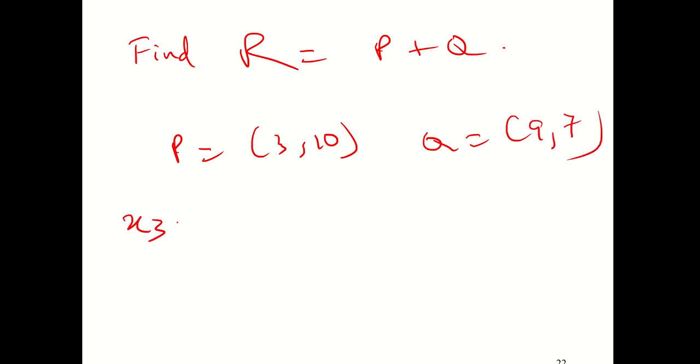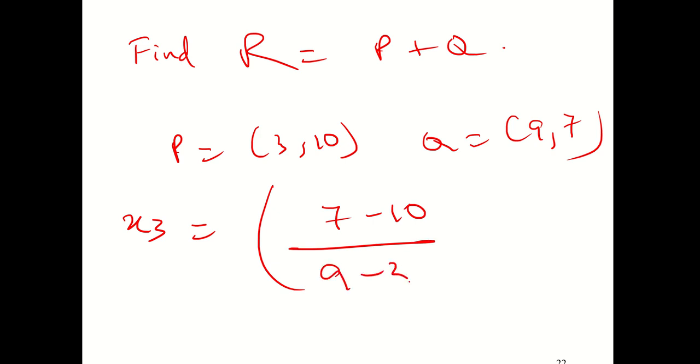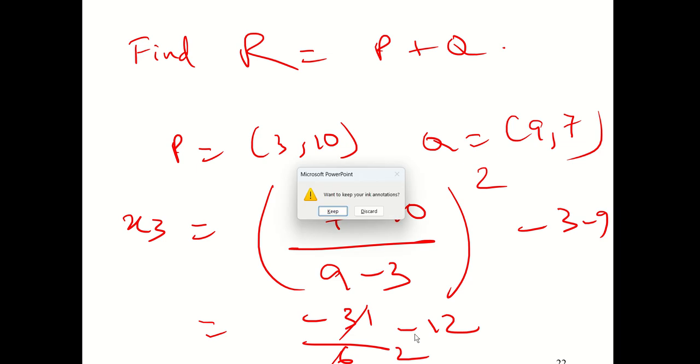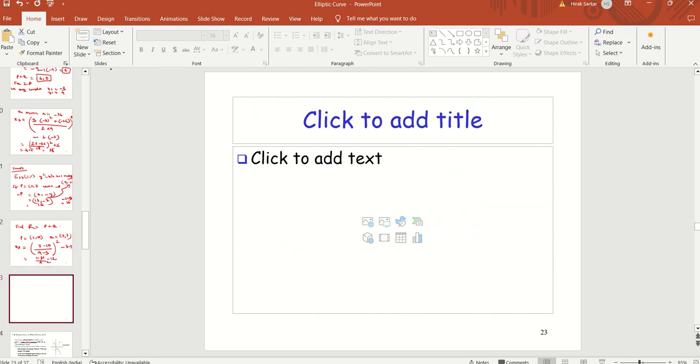For x3, we have already seen how to find the expression: (7 minus 10) by (9 minus 3), whole square, minus 3 minus 9. The value you get is minus 3 by 6, minus 12, so minus 3 by 6 gives 1 by 2.